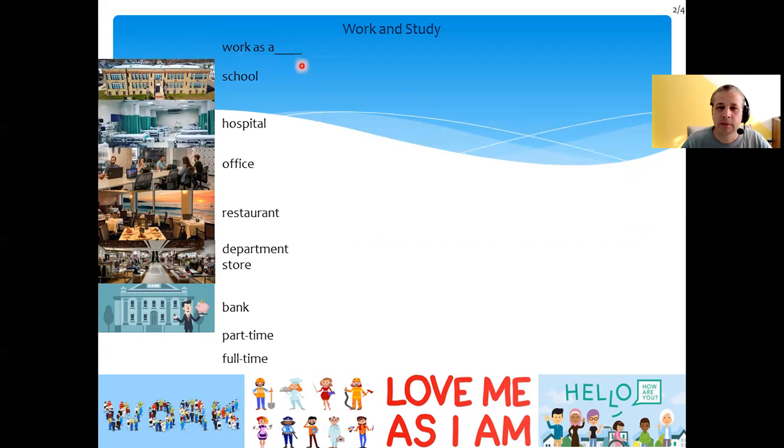Work as a. Trabalha como. And then you complete. E aí você completa. School. Escola. Hospital. Office. Escritório. Restaurant.